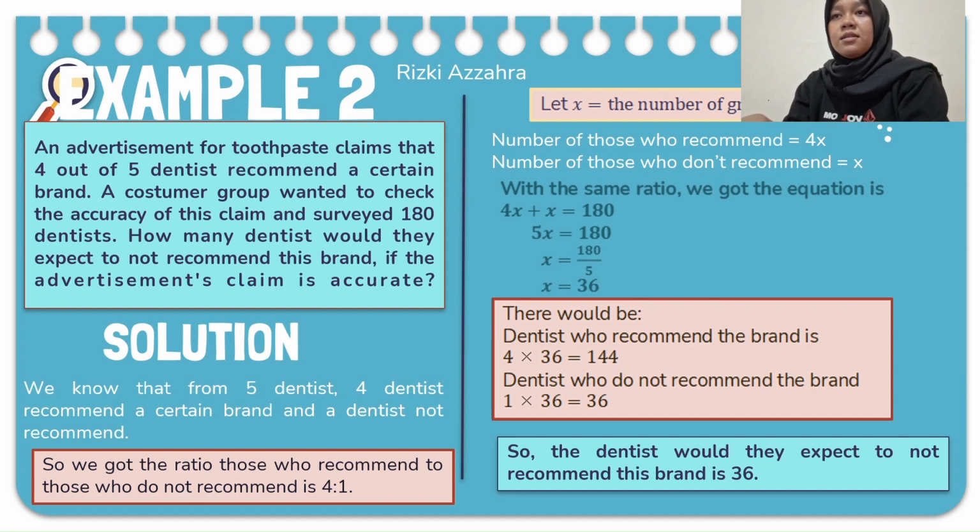Okay, with the same ratio, we got the equation 4x plus x is 180, and 5x is 180, and we divide it by 5 on both sides, and we have x is 36.